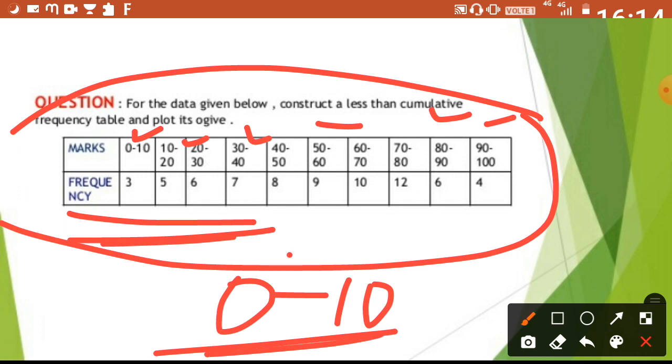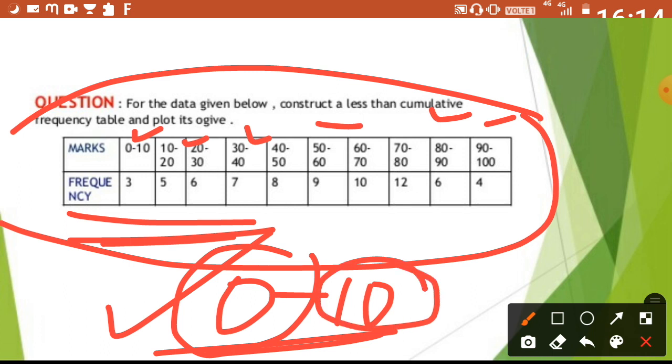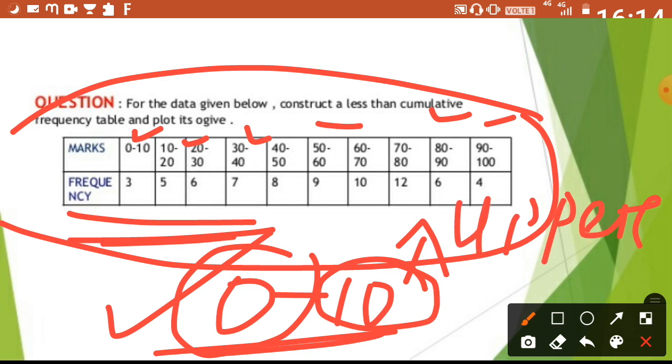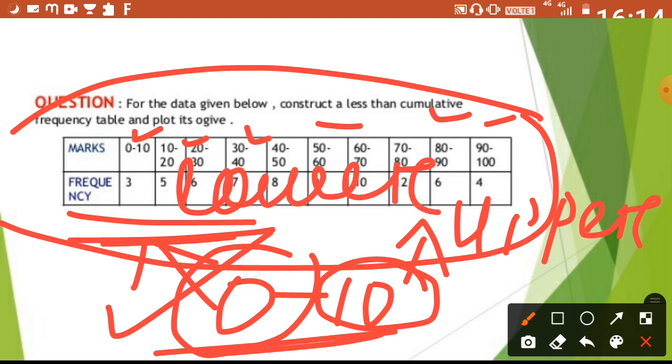The one which is having the lowest value is your lower limit, and the one which is having the highest value is your upper limit. We have to be clear what is the upper limit and what is the lower limit.